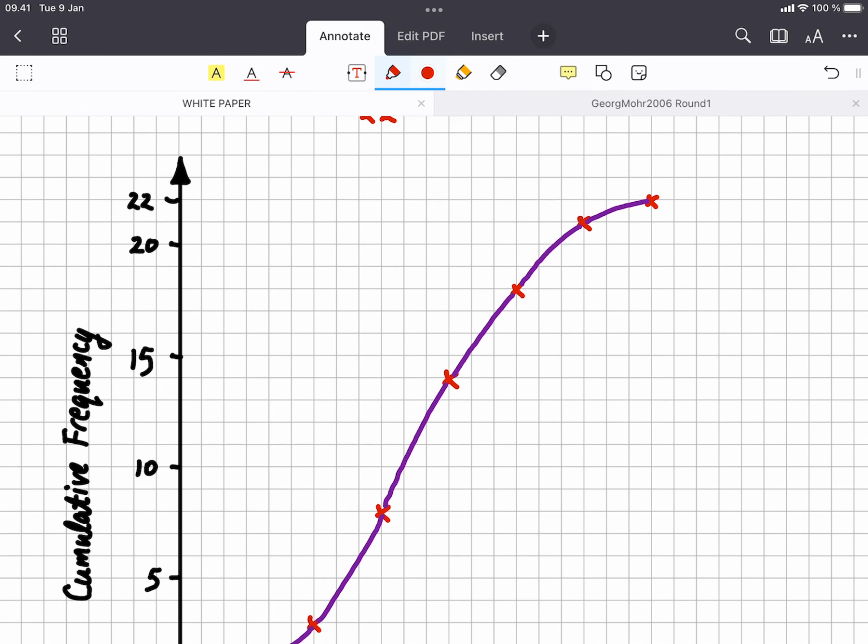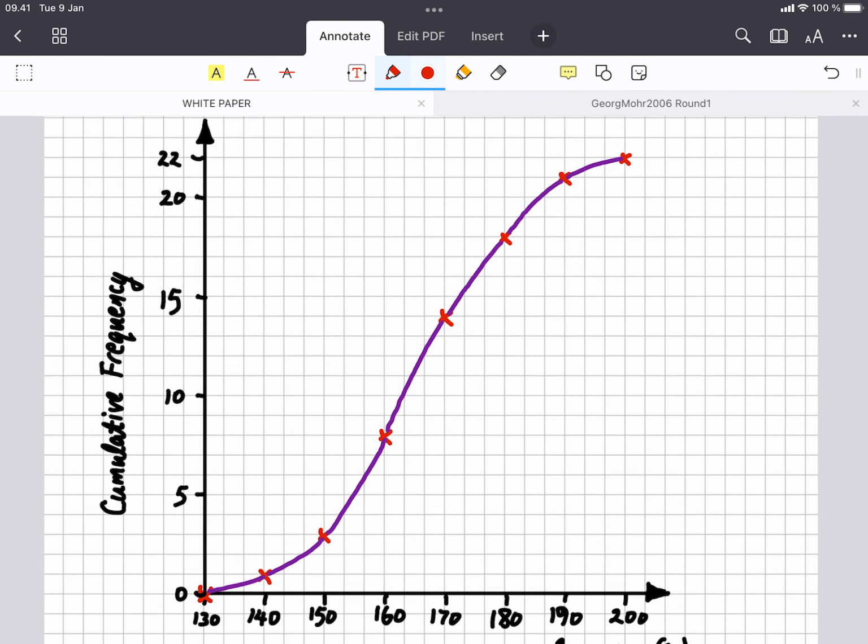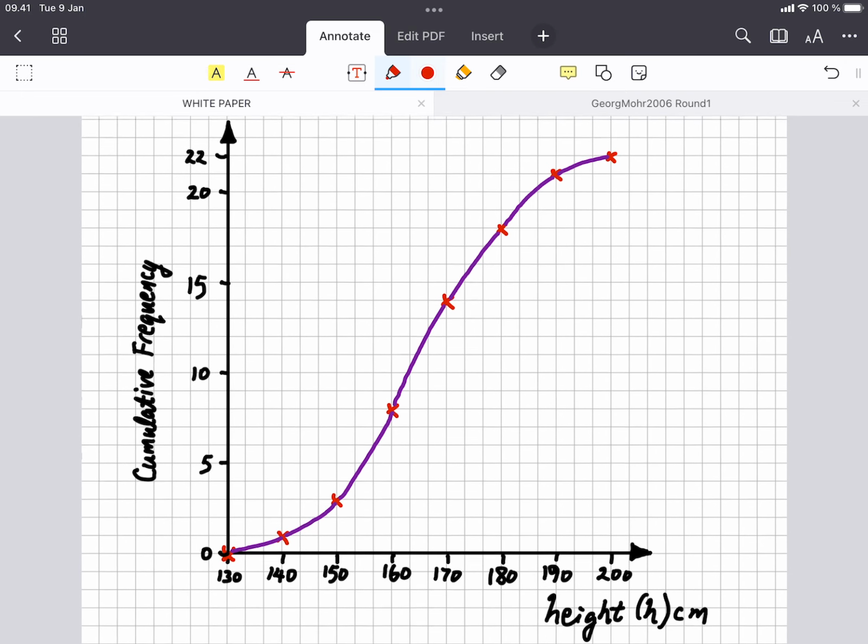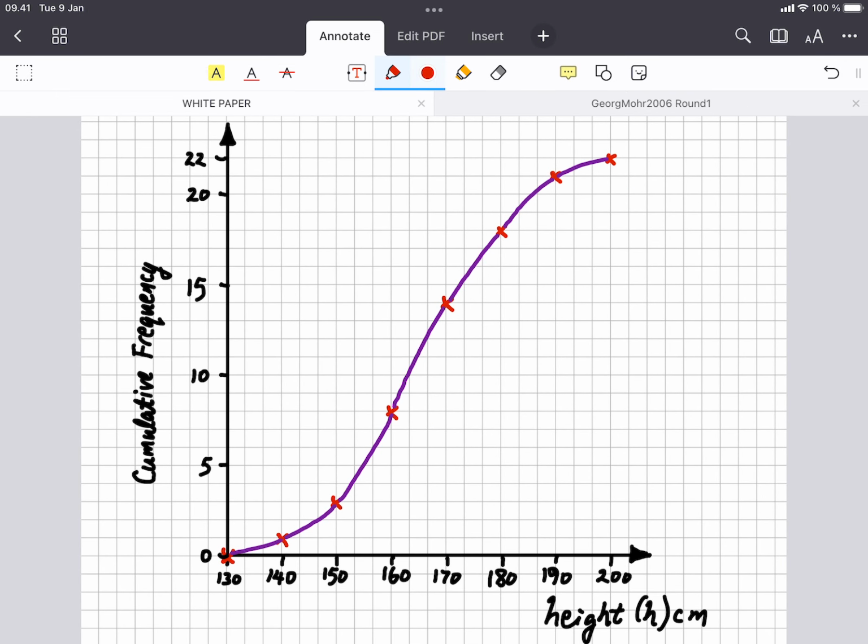Okay, so here is that graph. I made it earlier. So I've got the heights on the horizontal axis, and I've got the cumulative frequency, not just the frequency, but the cumulative frequency, the total so far, on the vertical axis.